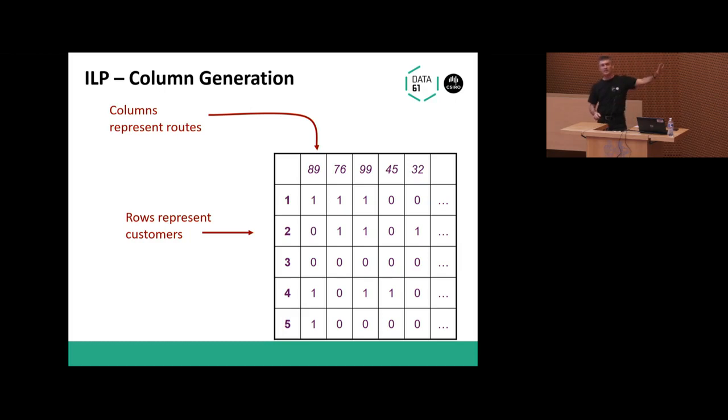I'm going to record that somewhere else. But I've come up with this route that visits 1, 4, and 5, and it costs 89 units to do that route. Here's another route that visits 1, 2, and that's all, and it costs 76. And so I list out, in the best of all possible worlds, every possible route along there and the cost of that route.